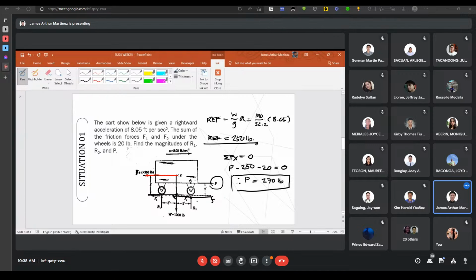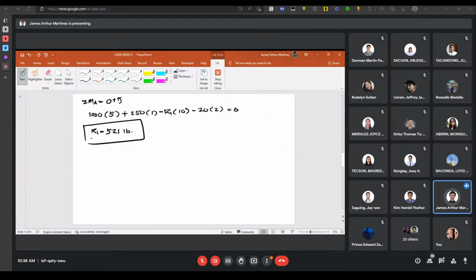The components of forces on the y-axis are just R1, the weight of the object, and R2. Only those three, right? We have the weight and we already computed R1, so we can directly compute R2.